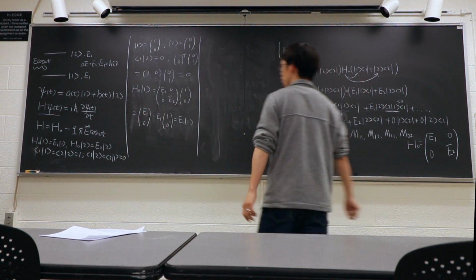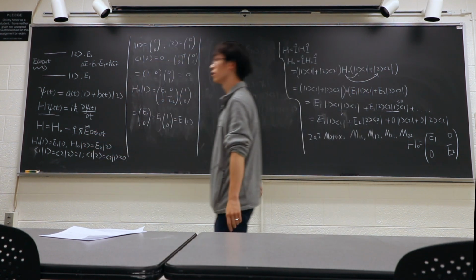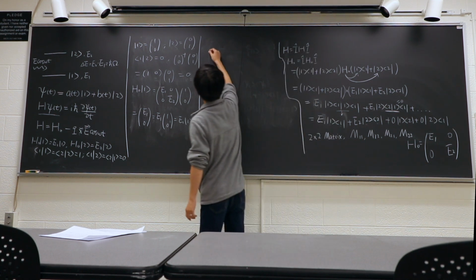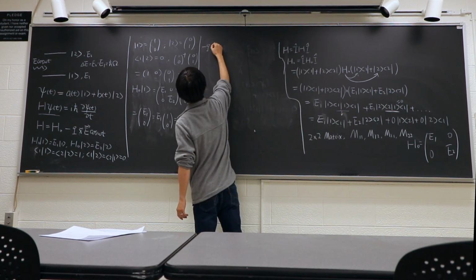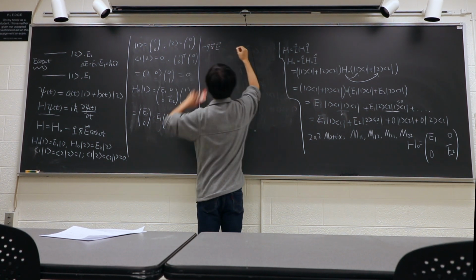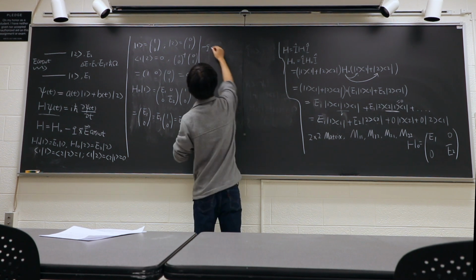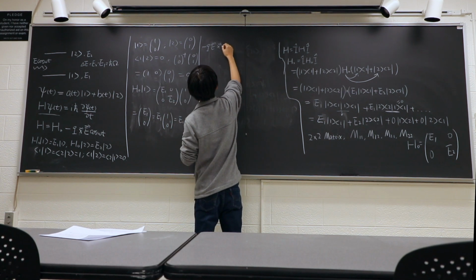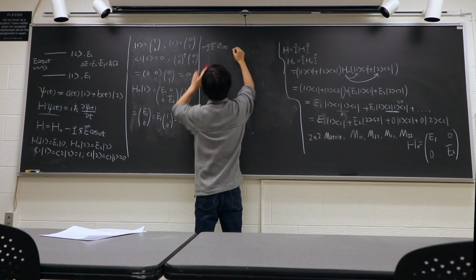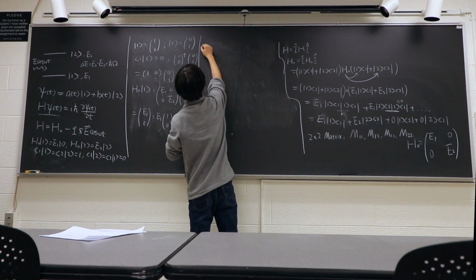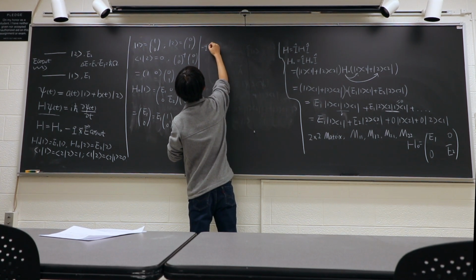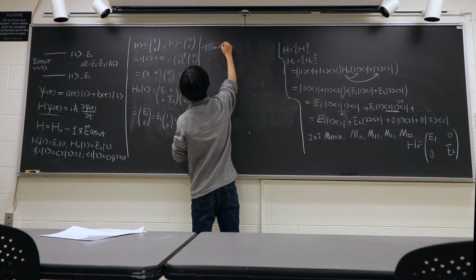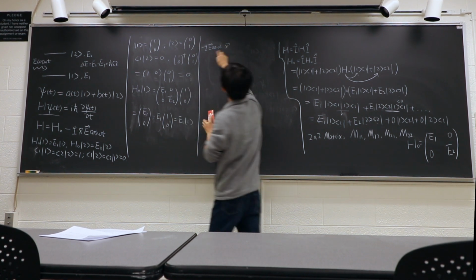Now, so this is the easy part, H naught. Now let's do the other part, this one. Because these two are independent, you can actually write it down. You can just switch the order. Normally you can't do that in quantum mechanics, but this one is fine. Just switch them.